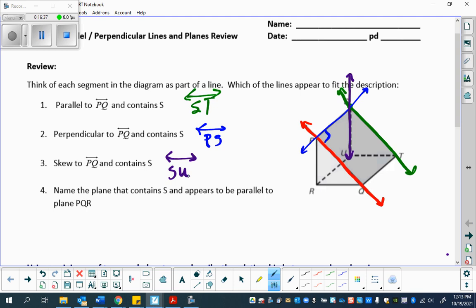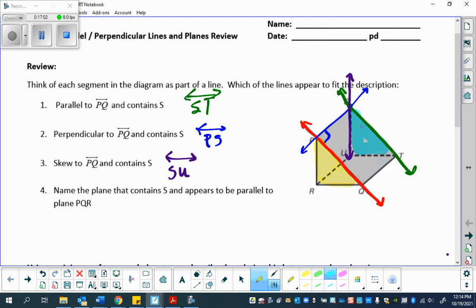When I talk about the name of the plane that contains S and appears to be parallel to plane PQR, plane PQR is going to be this face of this shape right here. So if I'm talking about the one that contains S and is parallel, it's going to be that other face.